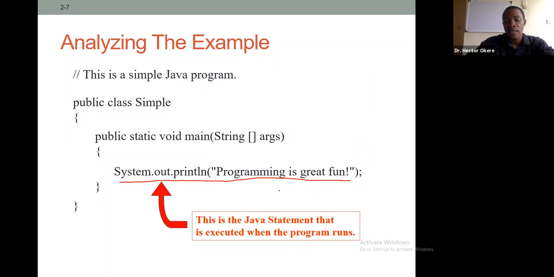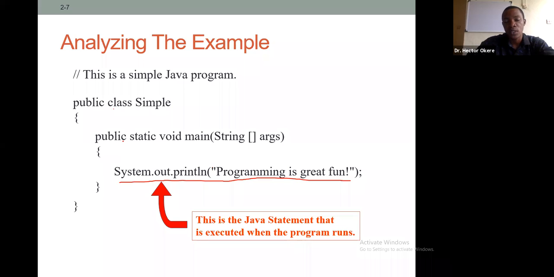And this statement shows that it should print this string of words: Programming is great fun. I want to print this. So this is a Java statement. It is inside the main method.